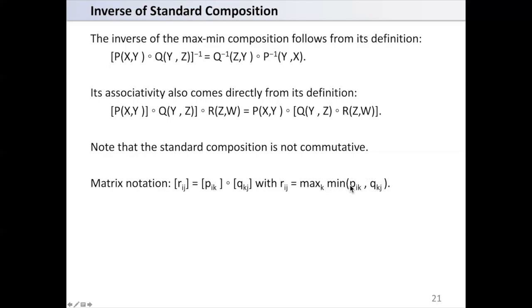For P_ik and Q_kj, we choose the minimum one, and among these minimums, we set the maximum value as the value of R_ij. Meanwhile, we are considering each possible k value.